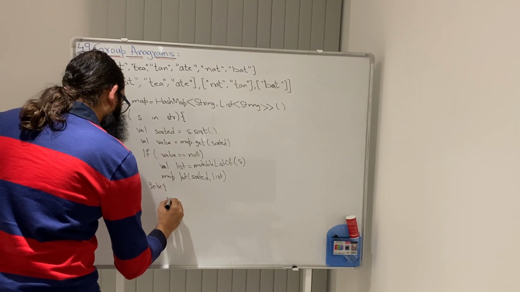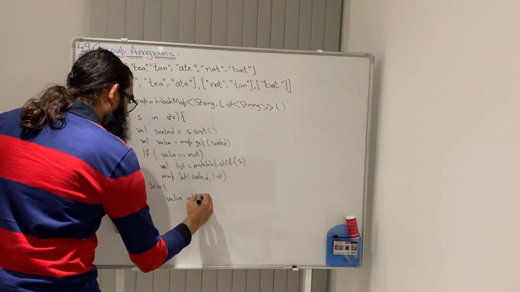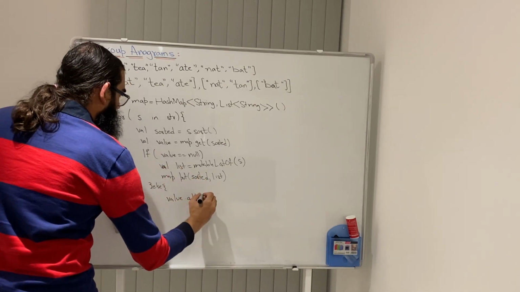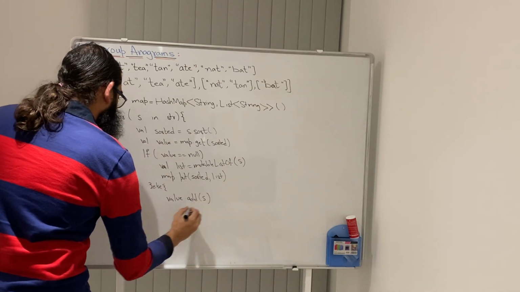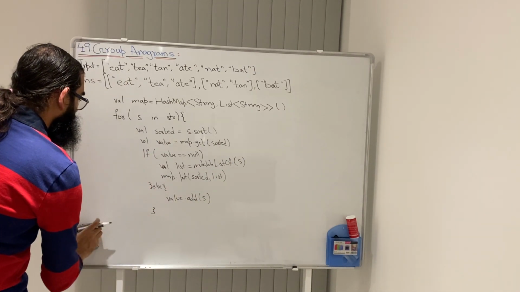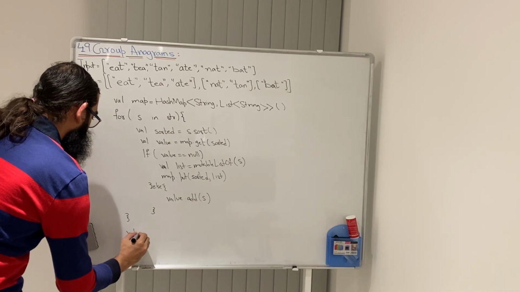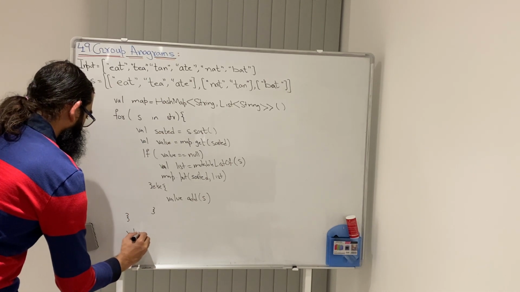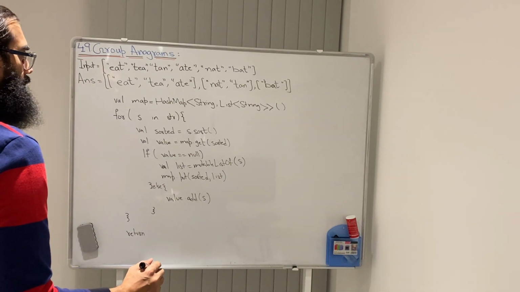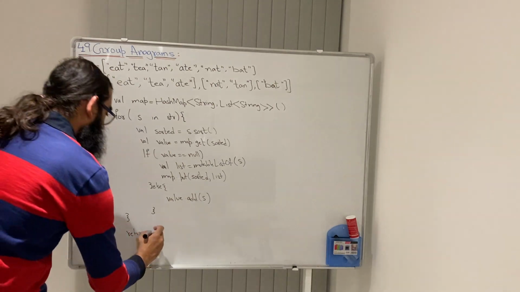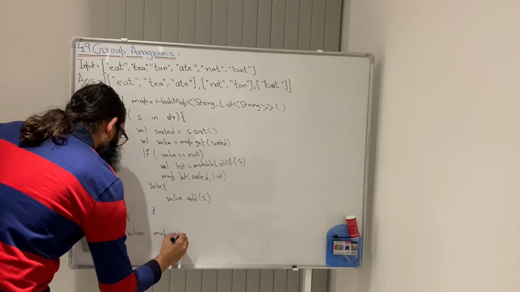So I will say value dot add, and I need to add the word s. And in the end I need to return, what do I need to return? map dot values.